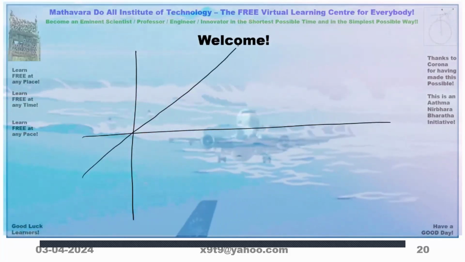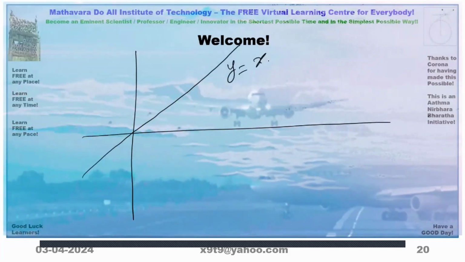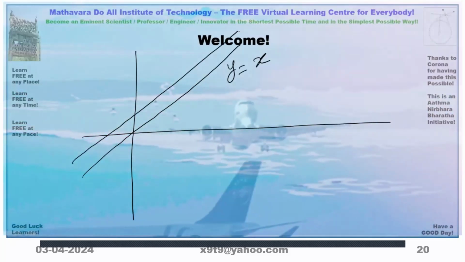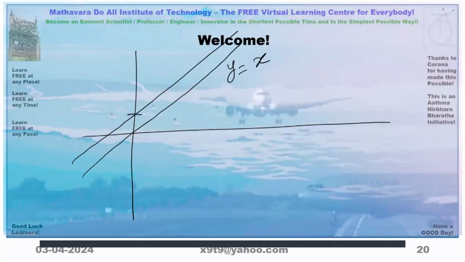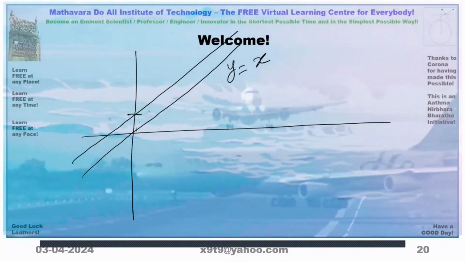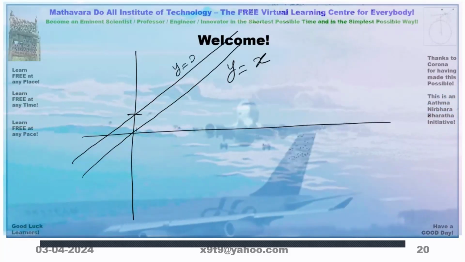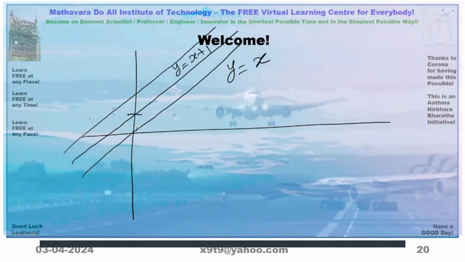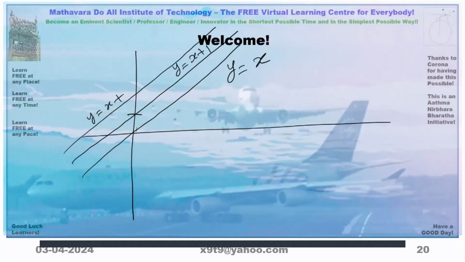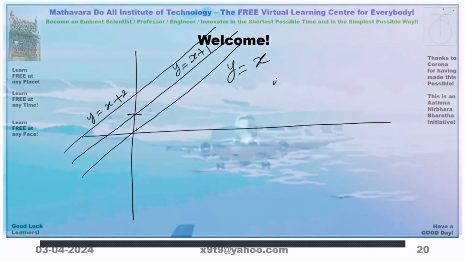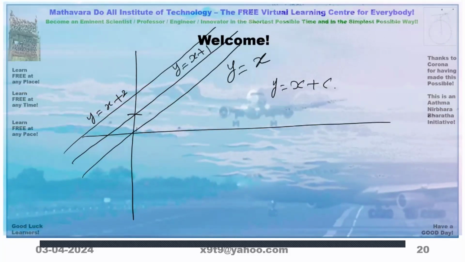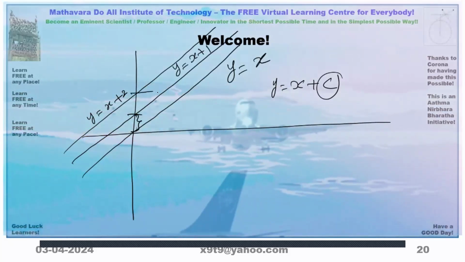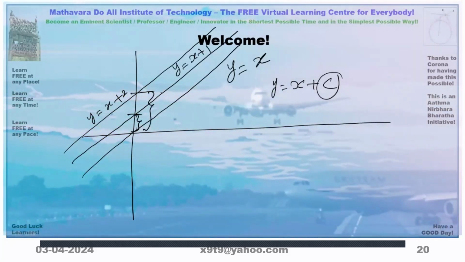So this is y is equal to x. Suppose I write a line parallel like this. This is passing through a height of 1 here. Then this will be y is equal to x plus 1. This is y is equal to x plus 2. So in y is equal to x plus c, whatever is there gives the height above the x-axis where the graph cuts the y-axis.